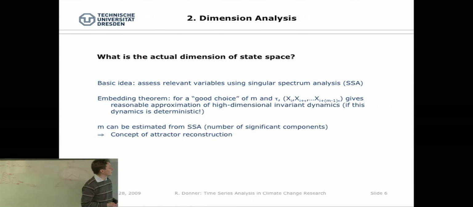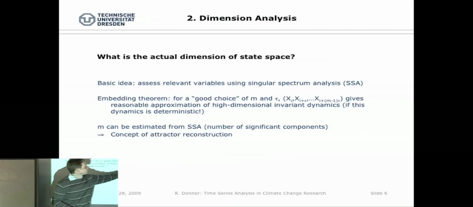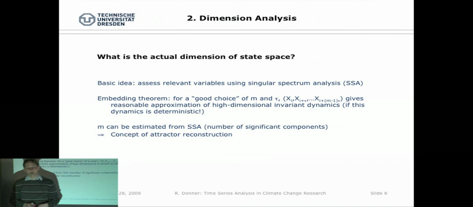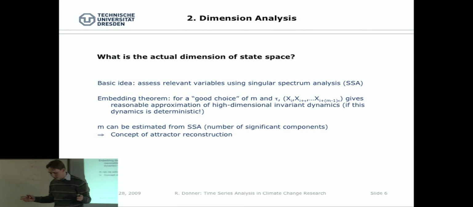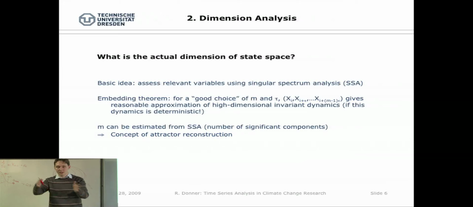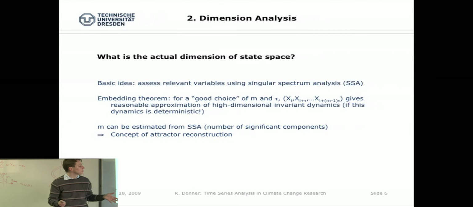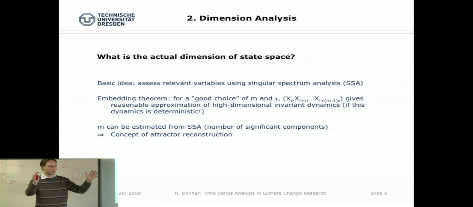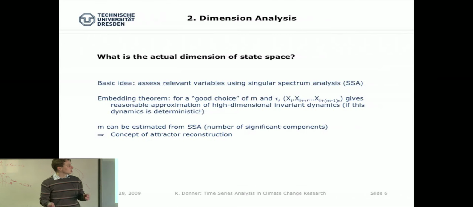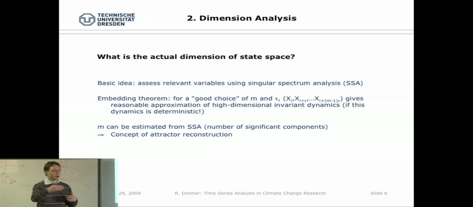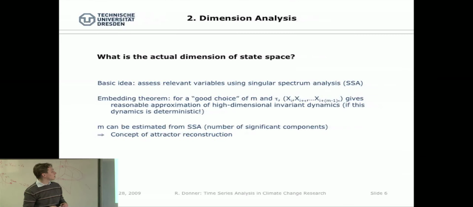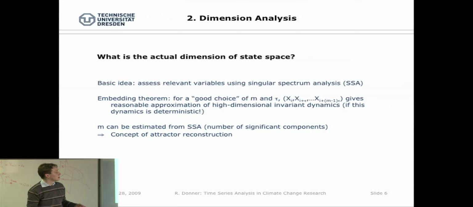So what we can do is embed our time series into a higher dimensional object by considering different values of our observations made at different times and combining them into one vector. For a good choice of the dimension of this vector and of the delay between the different observations, this might give us a reasonable approximation of the high dimensional invariant dynamics of our system.